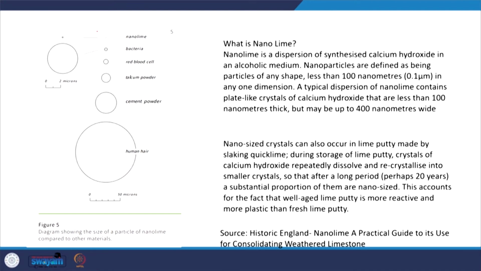This is how you can relate to the size of nano-lime. Why is this very important in the conservation process? Because they occur in lime putty and in slaking quicklime, and they can repeatedly dissolve and recrystallize into smaller crystals. So after about 20 years, a substantial proportion of them are nano-sized. There's a process of how these are produced.